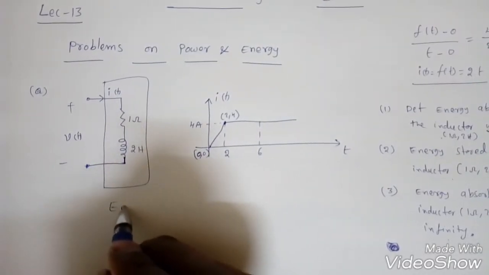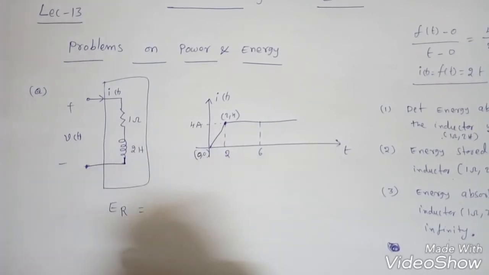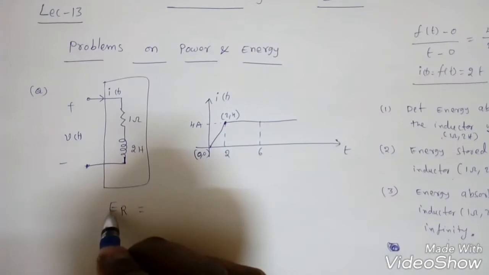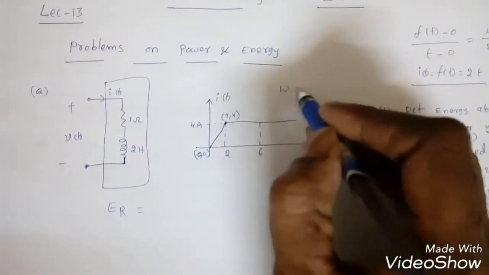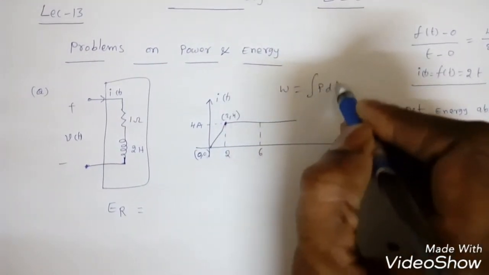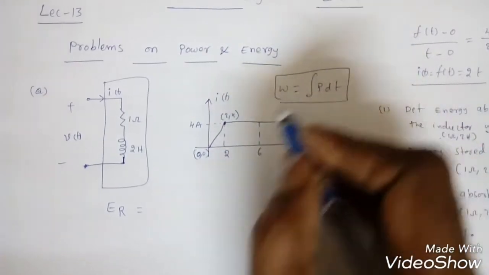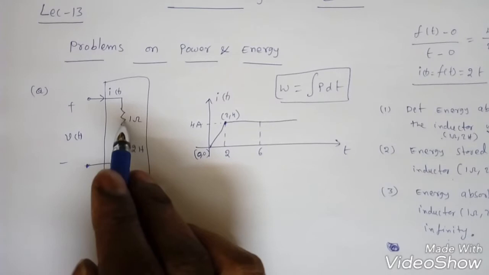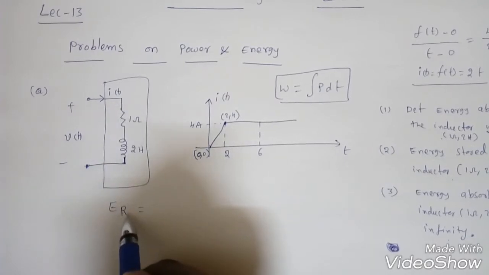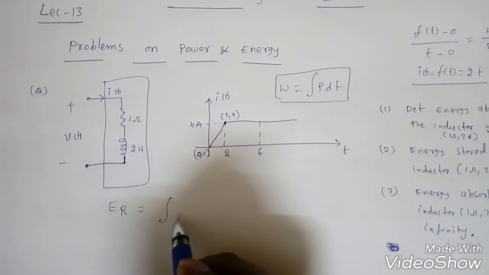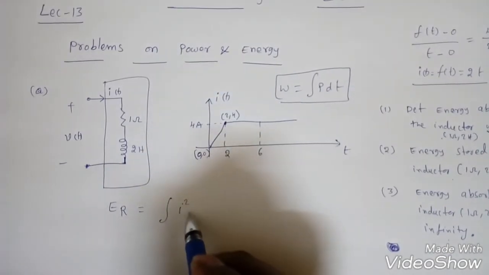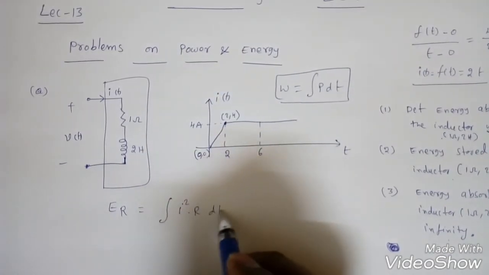The energy across the resistor: we know the formula of energy, W is equal to integral P dt. Here I am using ER because it is across the resistor, or across 1 ohm. So ER is equal to integral I square into R dt.